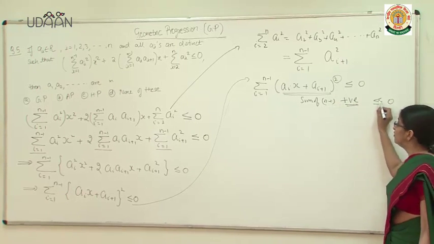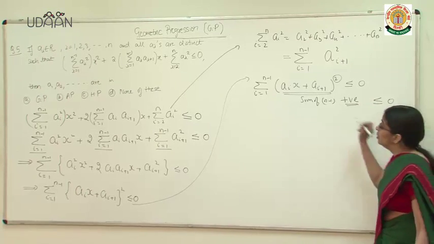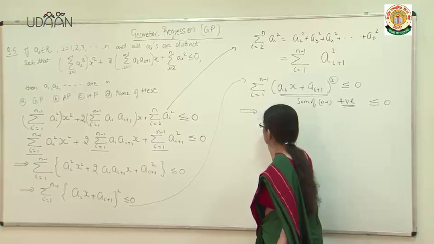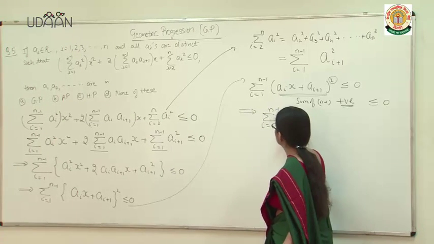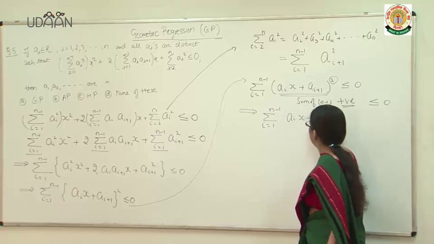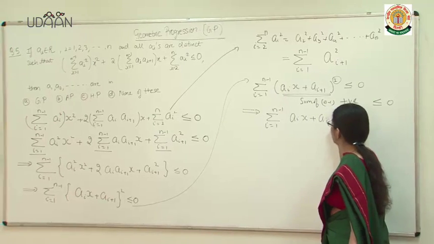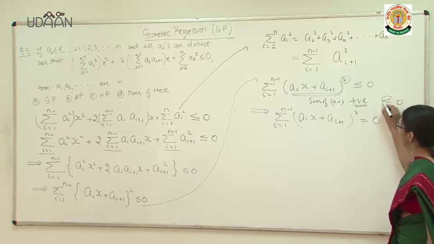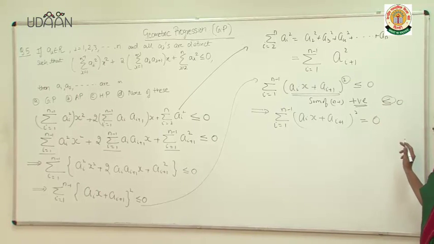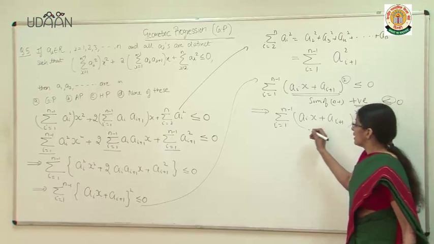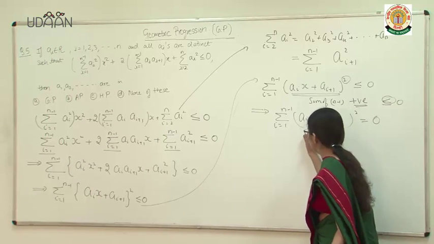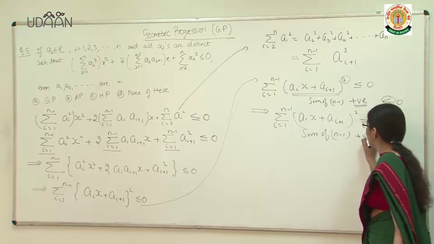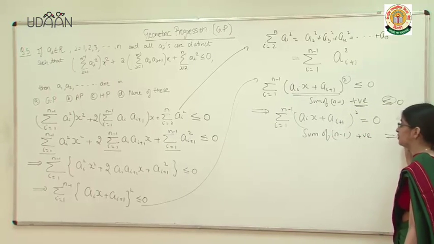Sum of non-negative terms can never be less than 0. So from here we write sigma i equal to 1 to n minus 1 of ai x plus ai plus 1 the whole square is equal to 0, because less than 0 is not possible. Again, now we have on the LHS the sum of n minus 1 non-negative terms equal to 0.